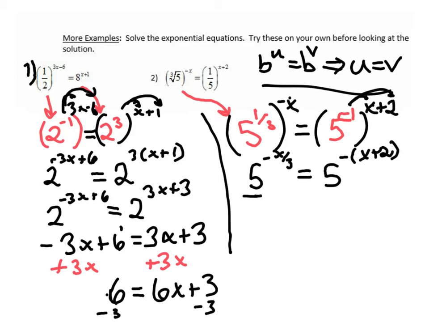We've got both sides expressed as a power of the same base, so I can drop the bases now and say, okay, what I have in the exponent on the left, negative x over 3, is equal to the exponent on the right, which I'm going to go ahead and distribute the negative, if that's all right with you guys. So negative x minus 2 when we distribute the negative.